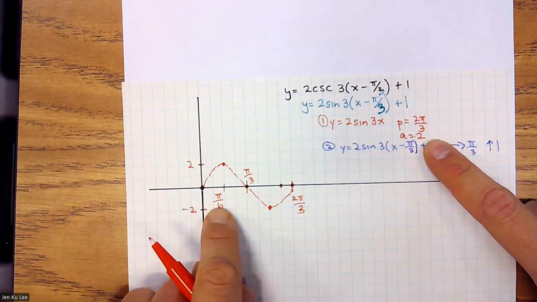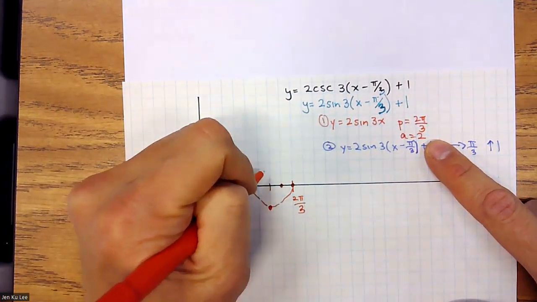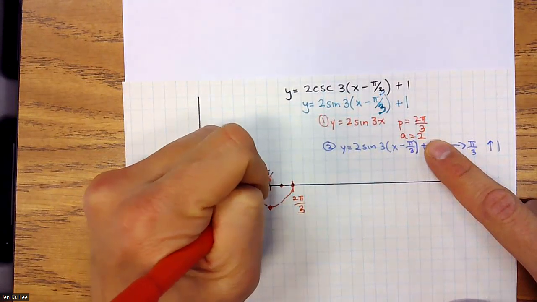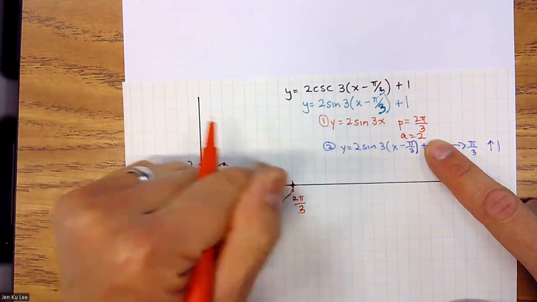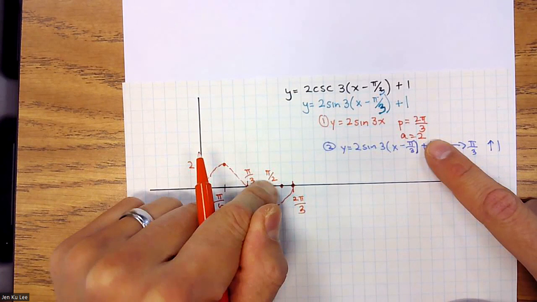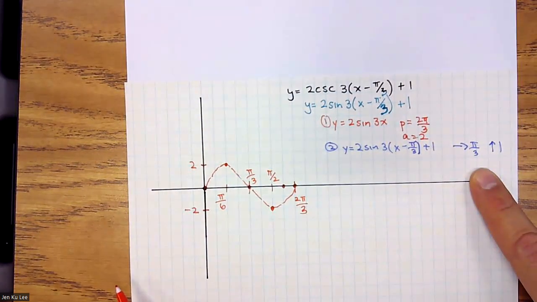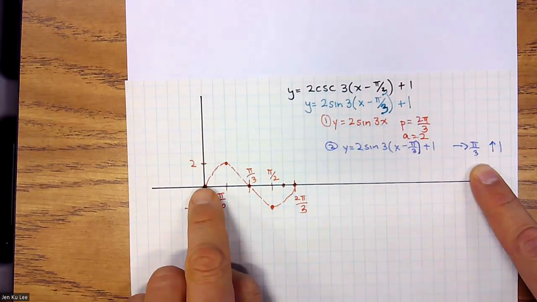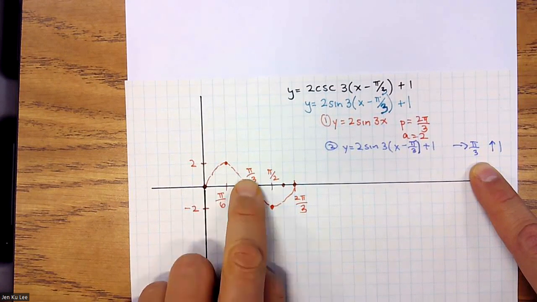So this is 1 pi over 6, 2 pi over 6, which is pi over 3, 3 pi over 6, which is pi over 2. And then 1 pi over 6, 2 pi over 6, 3 pi over 6, 4 pi over 6, which is 2 pi over 3, right? So now I know that 1, 2, 3, 4 units, 4 boxes is pi over 3, right?